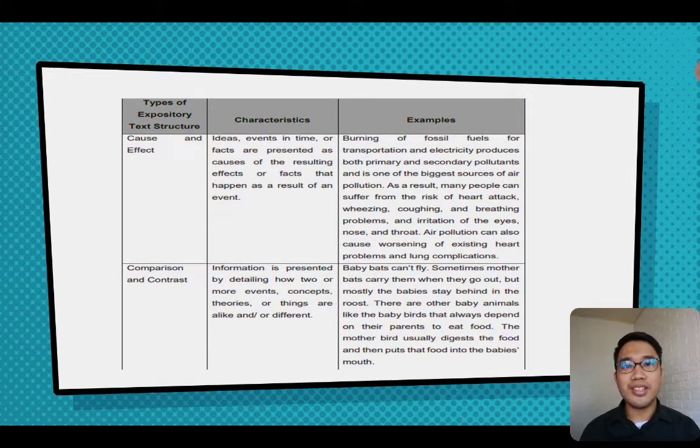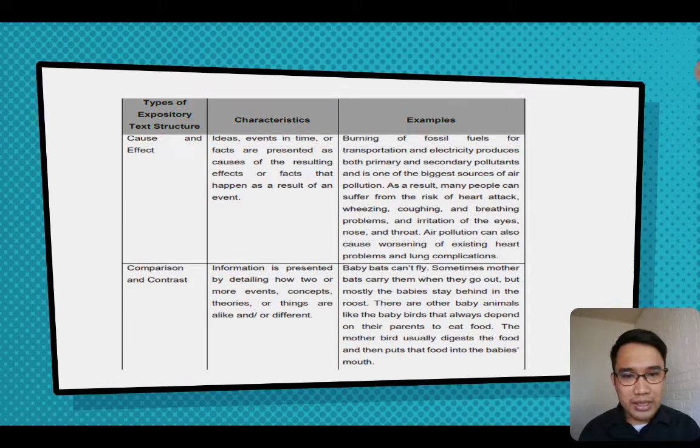Another one is what we call comparison and contrast. When we compare, we mention or talk about the similarities of two things: ideas, events, concepts, or theories. But when we contrast, we talk about the differences. So the example here talks about how baby bats can fly.